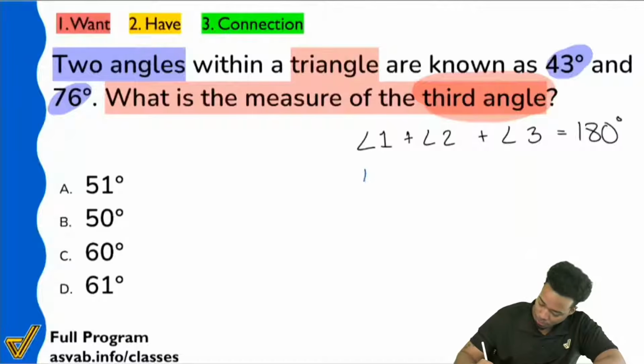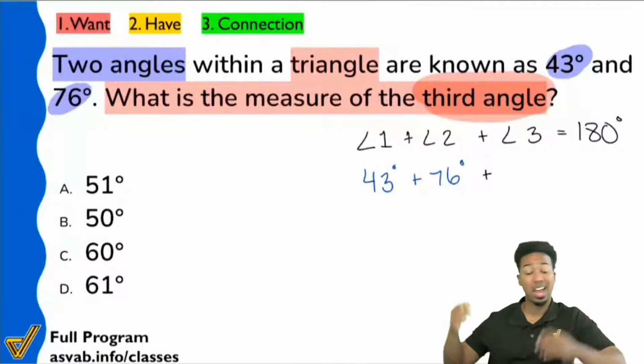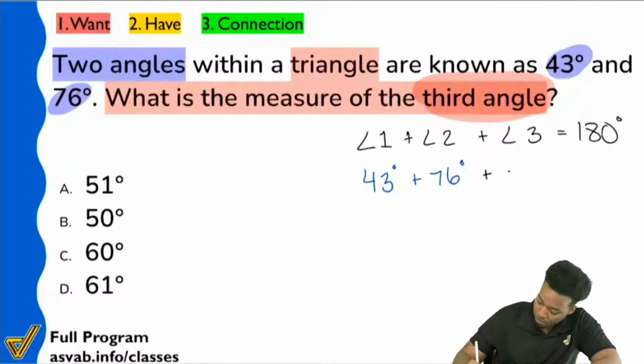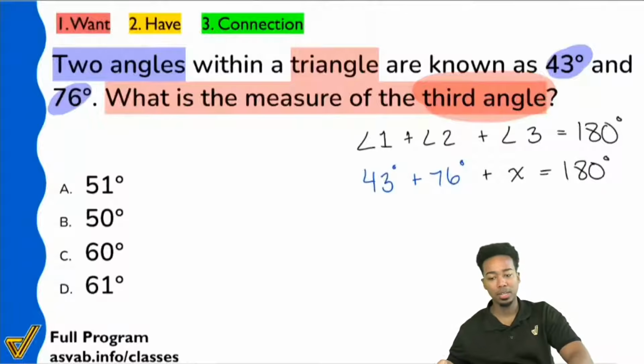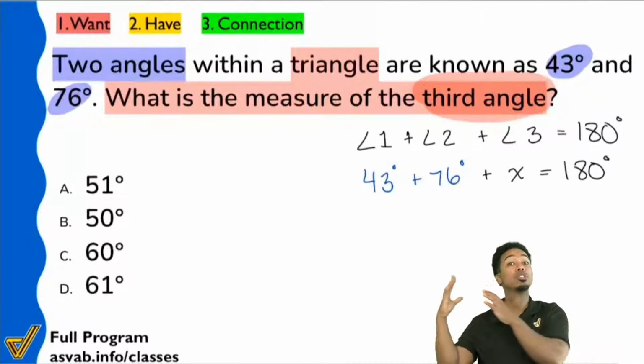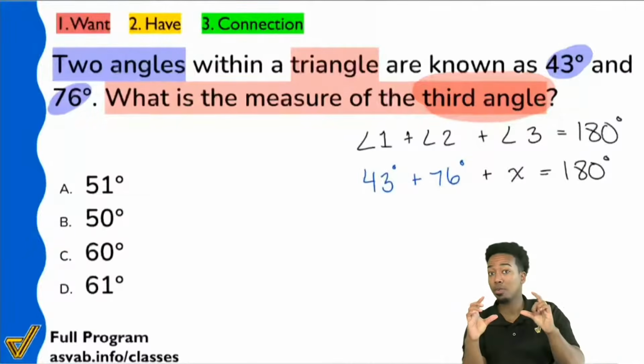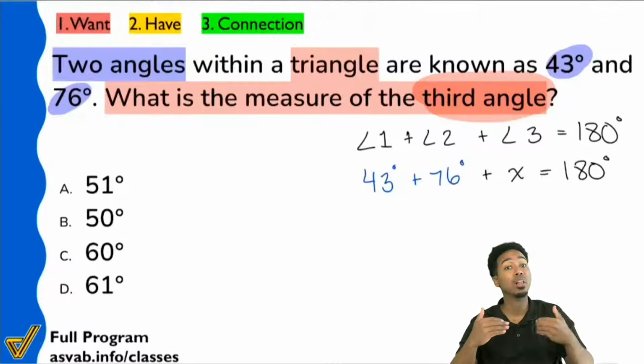I'll write in 43 degrees plus 76 degrees plus, and I'll just say x. I don't know what the third angle is, but I'll just say plus x. It's going to add up to 180. Before I continue, everybody, are we cool with what we just did? We identified the formula, and we have now successfully plugged in what we have.